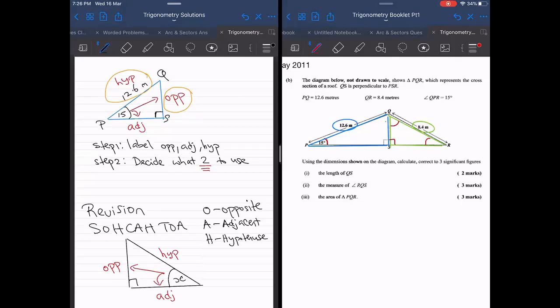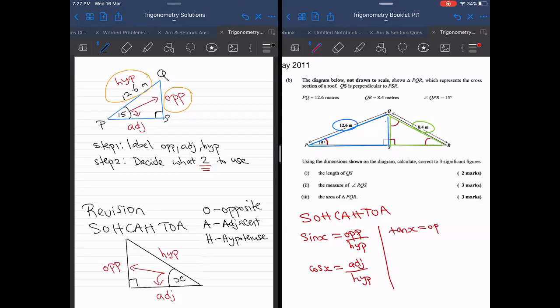So for those persons who weren't here, when you have SOHCAHTOA, the S is saying that sine X is the opposite over the hypotenuse, and cos X is the adjacent over the hypotenuse, the tan X, right?